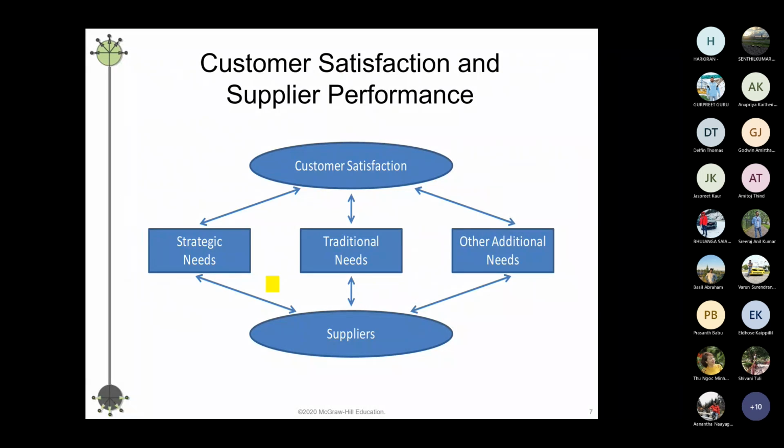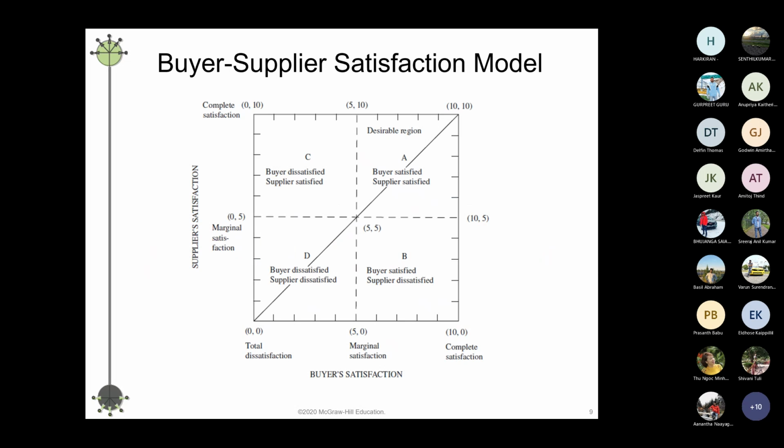And why it is important that we consider these 3 groups of criteria in evaluating suppliers, because they matter for customers. And after we evaluate the satisfaction of buyers and suppliers, and we evaluate the values, you will see that we get up to 4 different categories.